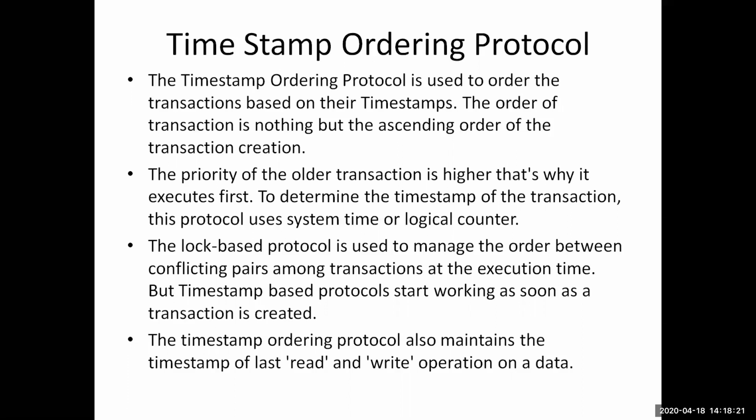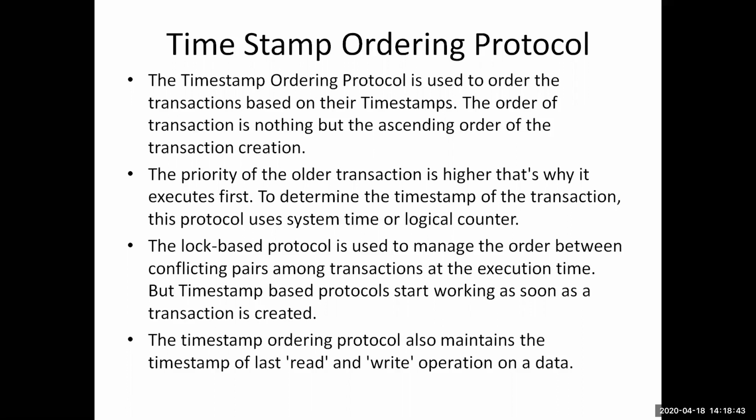So let's say for T1 it is 1 second, for T2 it will be 2 seconds, for T3 it will be 3 seconds and so on. Log-based protocol is used to manage the order between the conflicting pairs among the transactions at the execution time. But timestamp protocol starts working as soon as a transaction is created.